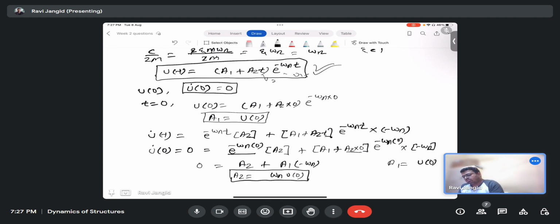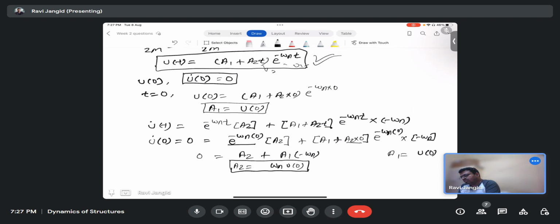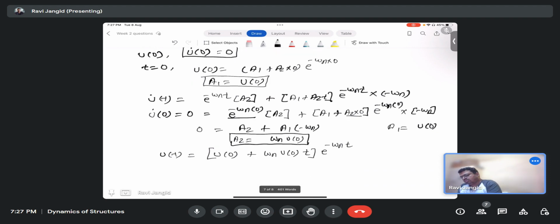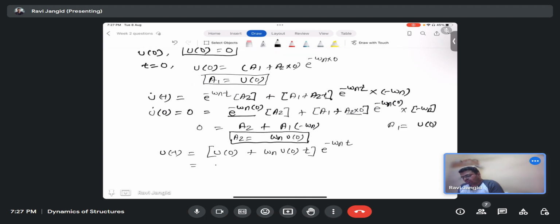Okay, so my u(t), if I put a1 and a2 in this, becomes a1, which is u0, plus a2, which is omega n u0, times t, into e raised to power minus omega n t. If I keep u0 outside, 1 plus omega n t into e raised to power minus omega n t is u(t).